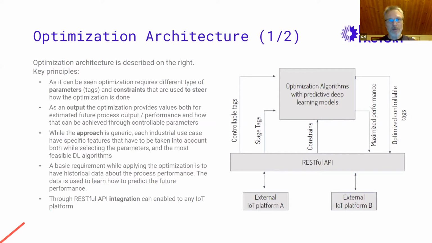The basic requirement for applying this type of optimization is to have some historical data about process performance. So it's a combination of utilizing historical data and close to real-time data to predict the future performance. And this RESTful API, the type of integration layer that RAMP has, is a way to provide data in and also data out from the process as needed.